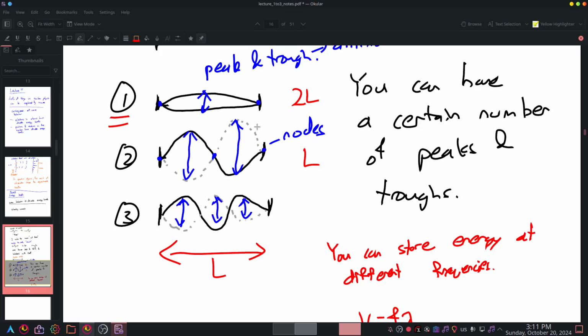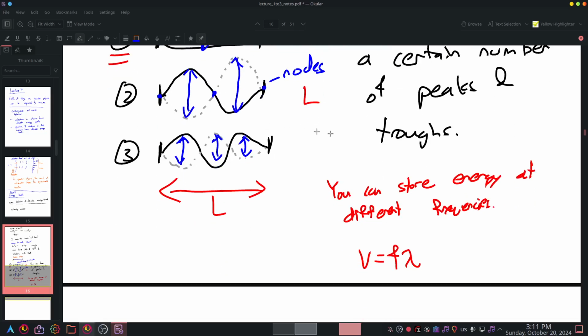There are different ways you can store energy, but these wavelengths are fixed.